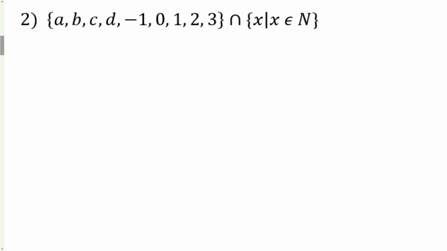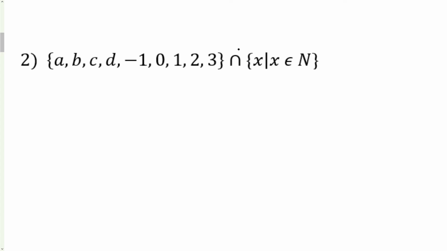For number 2, we're going to simplify this expression. First, I need to know what it means. That symbol right there means intersection. This right here means natural numbers. So recall that the natural numbers are 1, 2, 3, 4, 5, the counting numbers. An intersection means everything that this set and this set have in common.